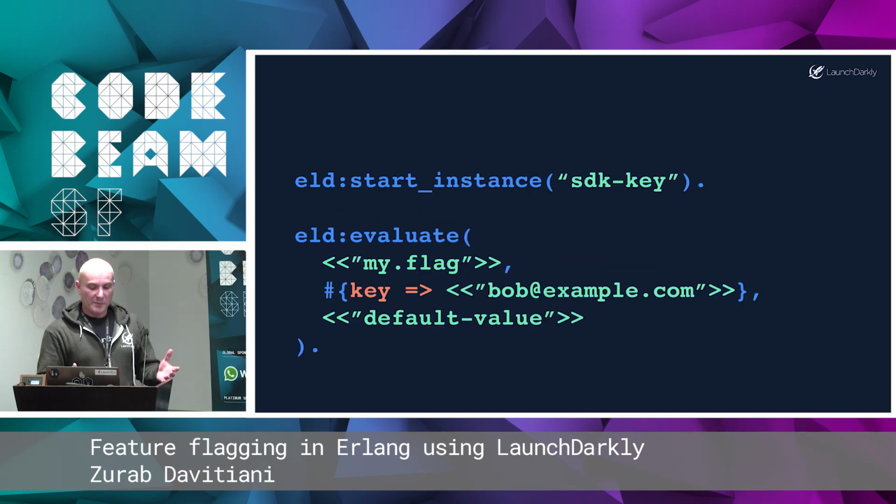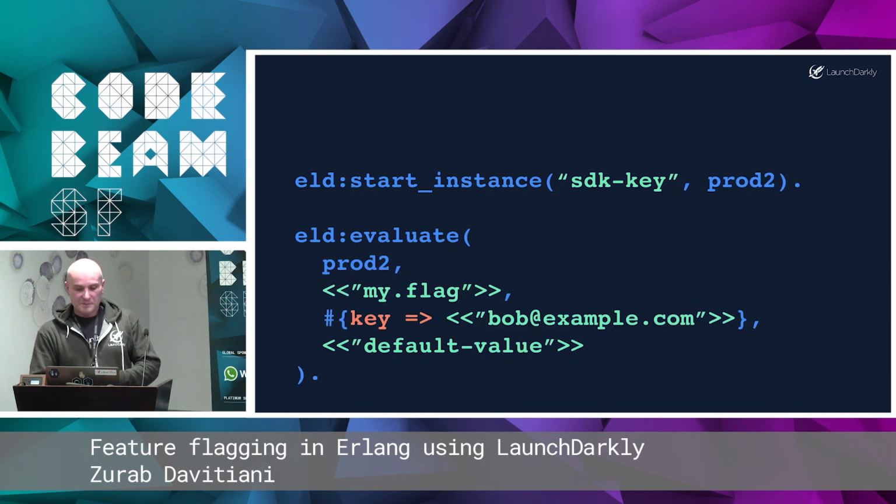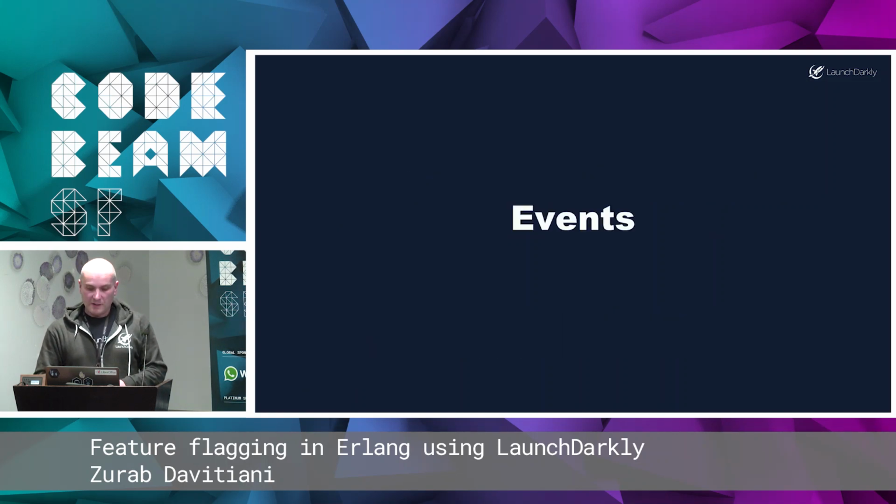And the benefit being, as I said, that you can still start an instance with just the SDK key, and you can still do the evaluation just as before. So in the most common use cases where you don't use multiple instances of the SDK client, you can still do a simple call, while if you were to start another instance, you would just add an optional reference to it.